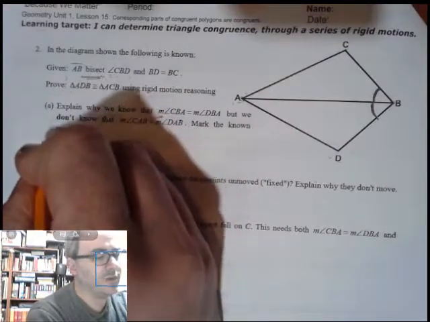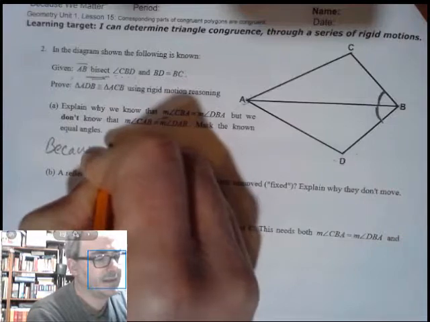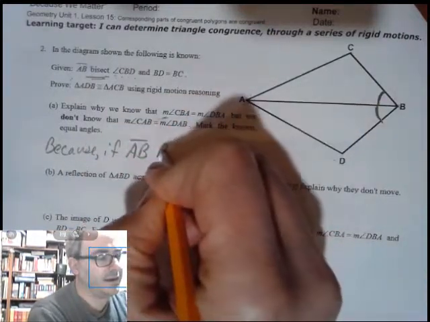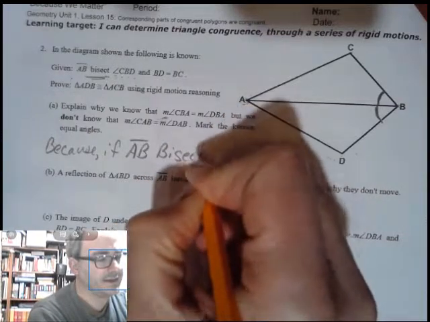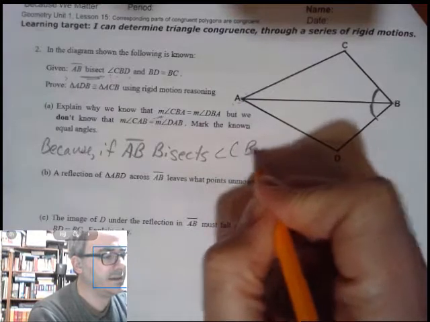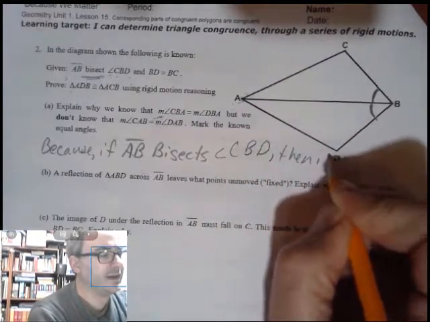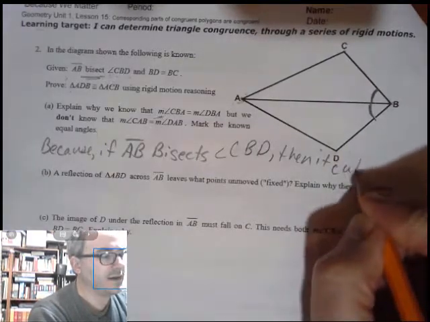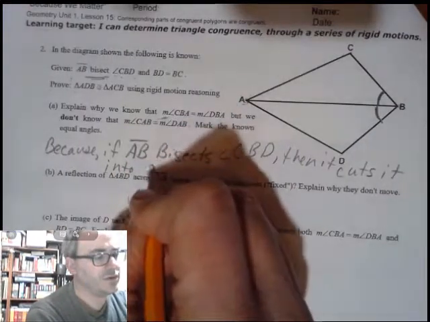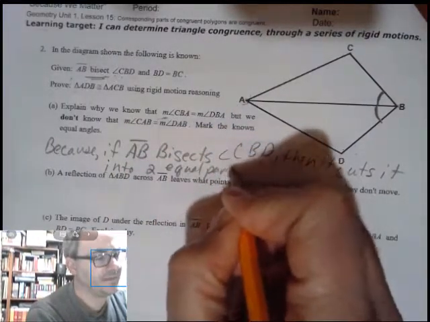Okay, we know because if AB bisects angle CBD, then it cuts it into two equal parts.